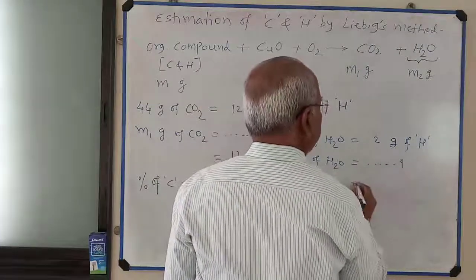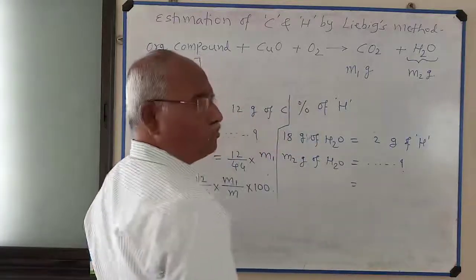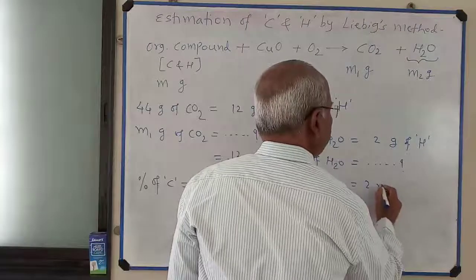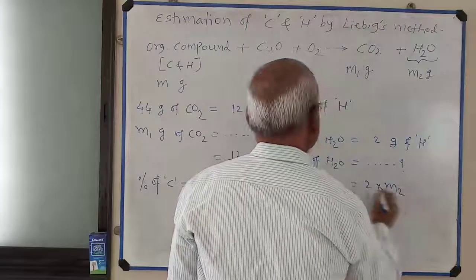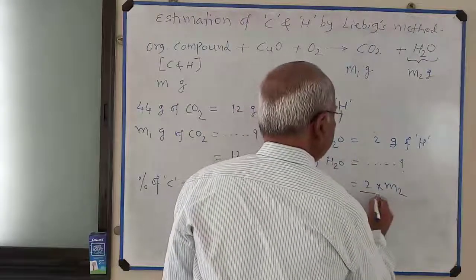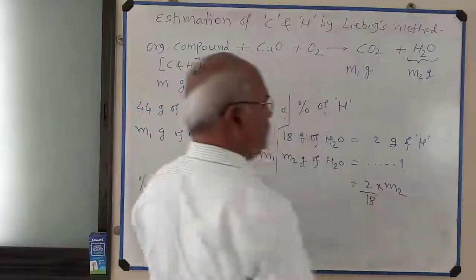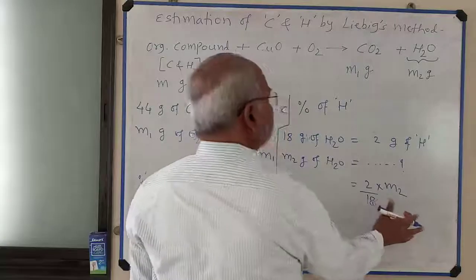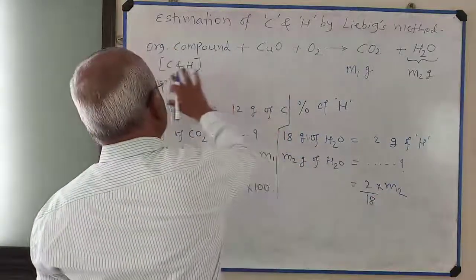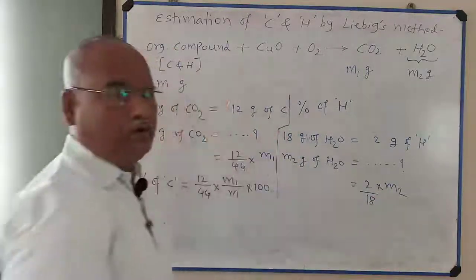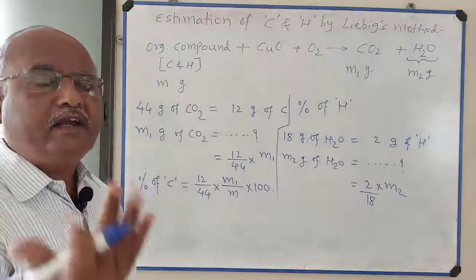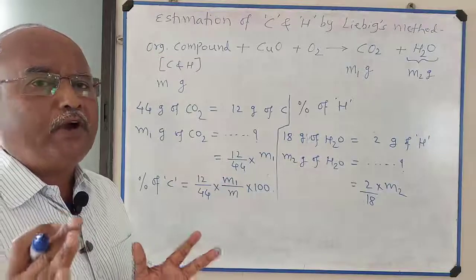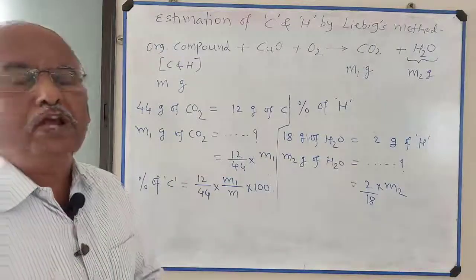Cross multiplication: 2 into m2 divided by 18. This much hydrogen is present in m gram of compound. Therefore, 100 gram of compound will contain how much hydrogen, that we want to calculate.